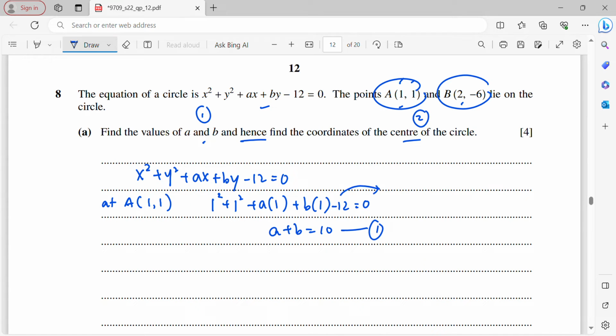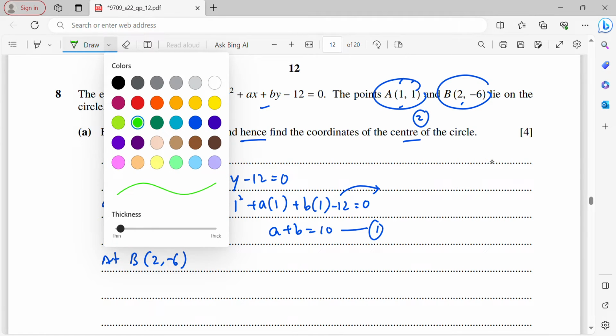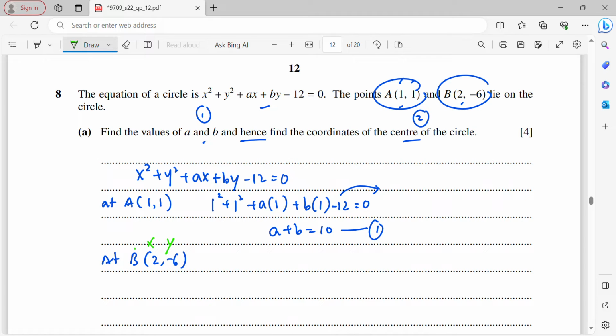I move the numbers to the other side. Now, at point B, with coordinates 2 and minus 6, remember, your 2 is x, your y is minus 6. Therefore, from here, I will get 2 squared plus minus 6 squared plus A times 2 plus B times y. Y is minus 6. Then minus 12 equals to 0.